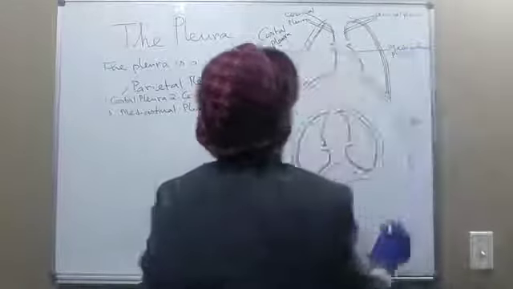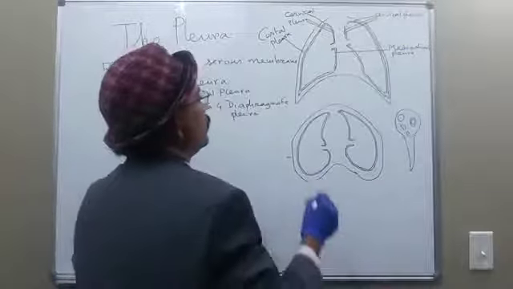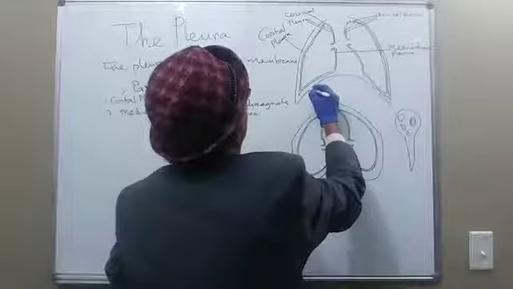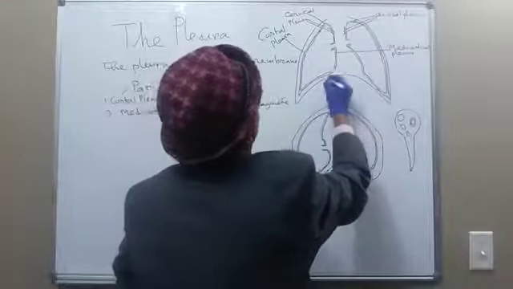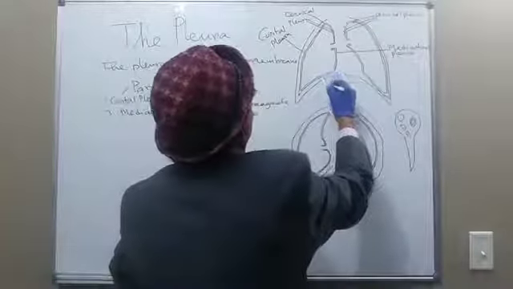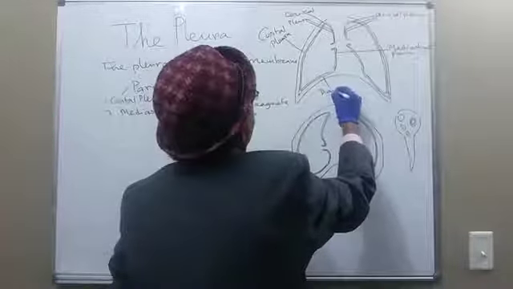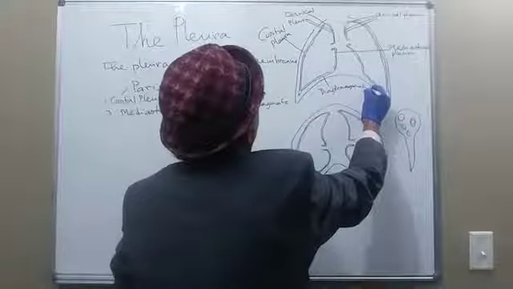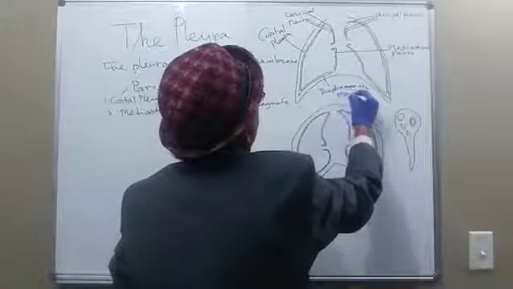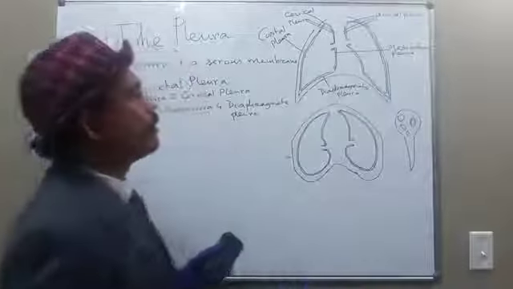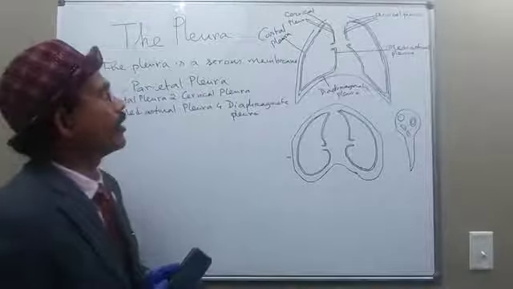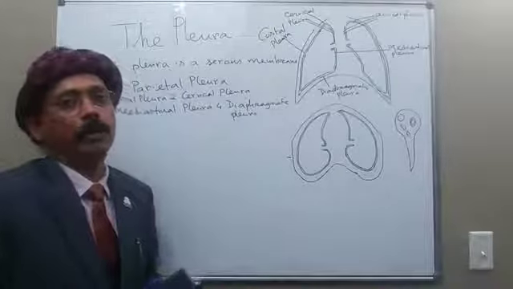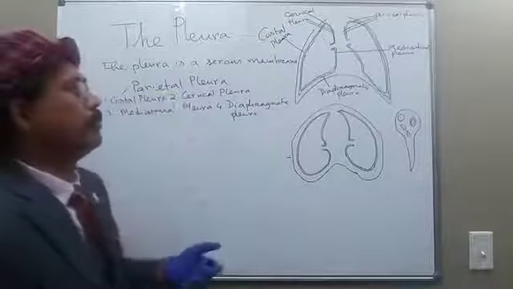Okay, we got that. This is the diaphragm, and over the diaphragm we have the diaphragmatic pleura. So diaphragmatic pleura, mediastinal pleura, cervical pleura, costal pleura, all of them are part of the parietal pleura.